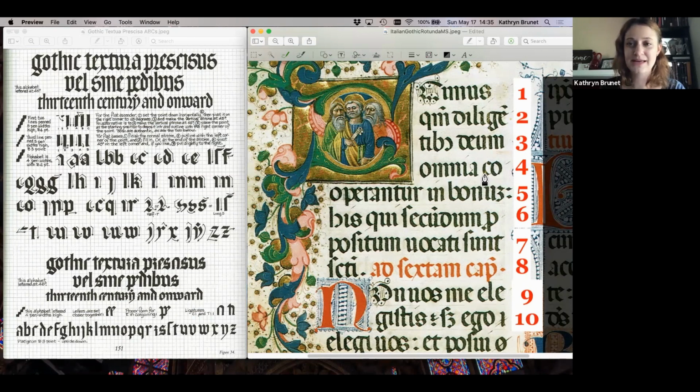This is the beginning of a new word on the next line. Just because it ends here doesn't mean that's the end of the word. They would split it wherever they needed to in order to fill the space. So this is C and O. And then we have O, P, E. The P has the descender down here. E, this is biting between the P and the E. R, A, N, T, U, R. You guys are lucky with these R's.